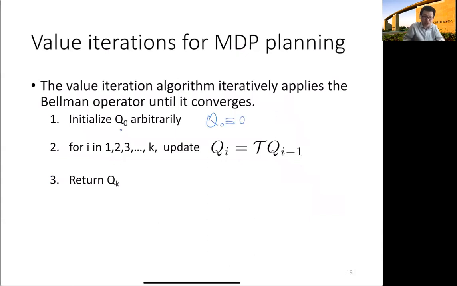That would be a valid initialization. Then you iteratively apply this Bellman optimality operator and keep updating this Q. You run that for k times and take k to infinity. The idea is that at the end of the day, the limit of this sequence will give you Q star.